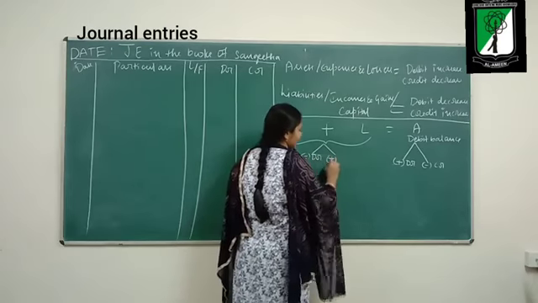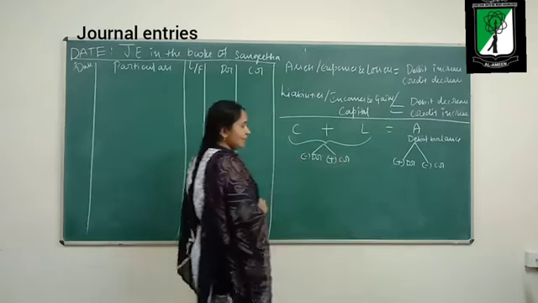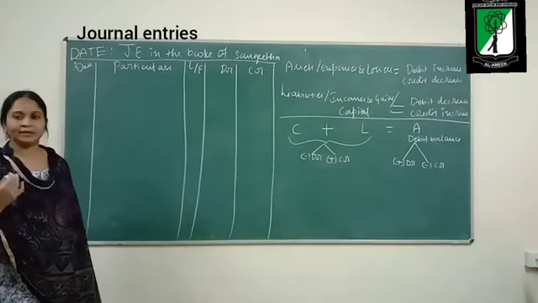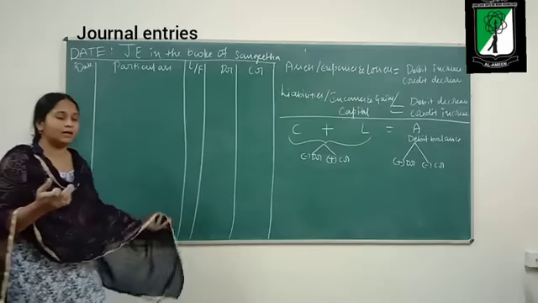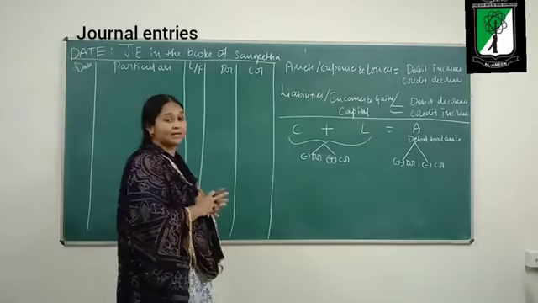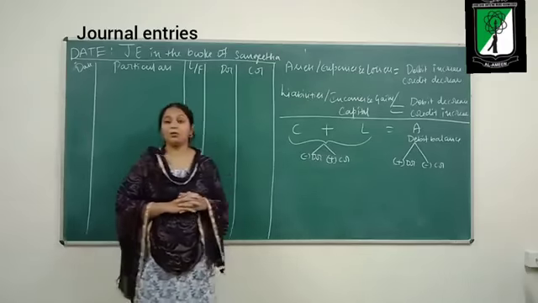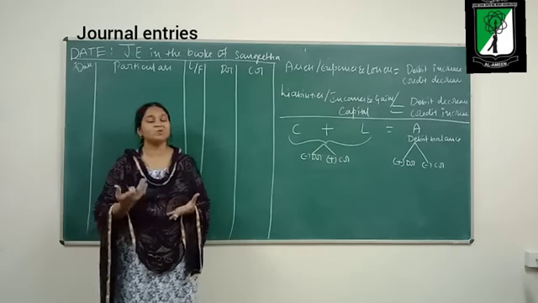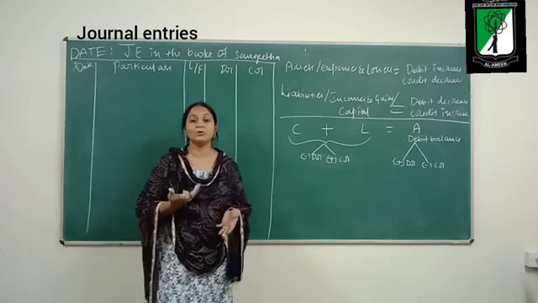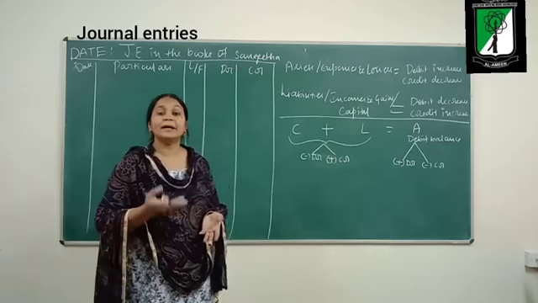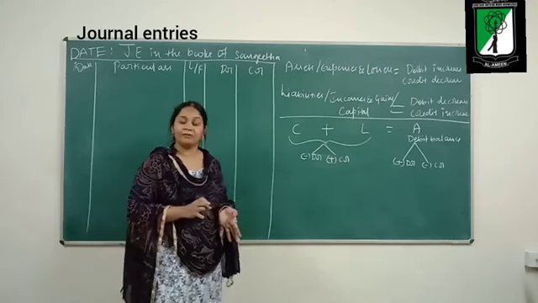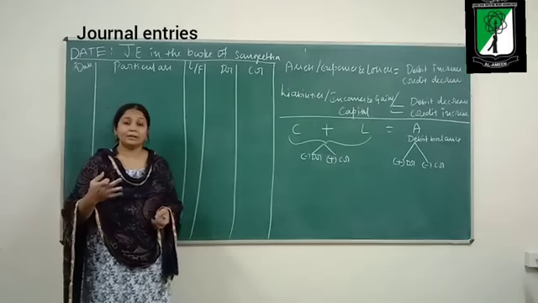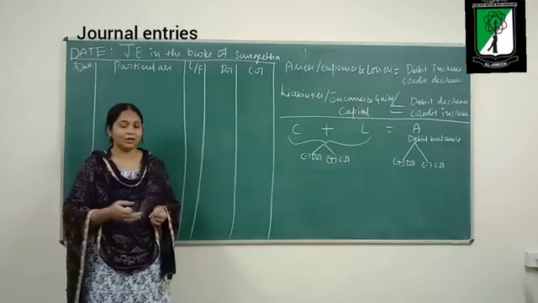So it is vice versa. Now let us take the transaction. In mathematics you use plus and minus, but in accountancy, in real life situations, we use debit and credit for maintaining accounts instead.